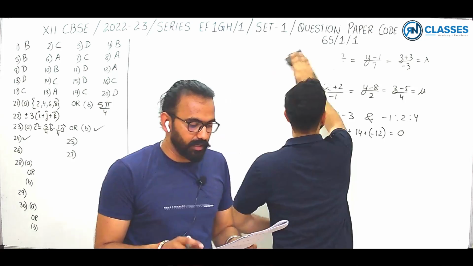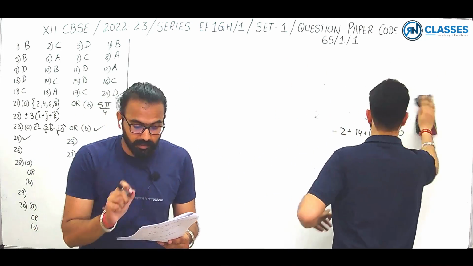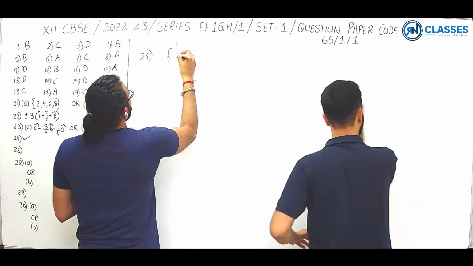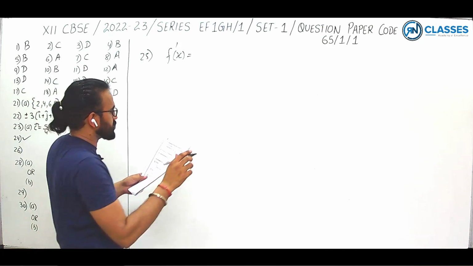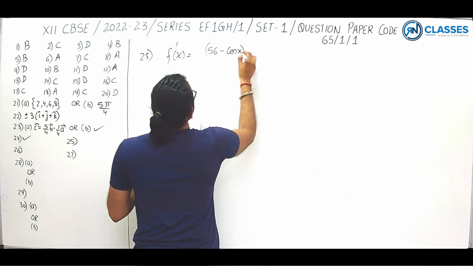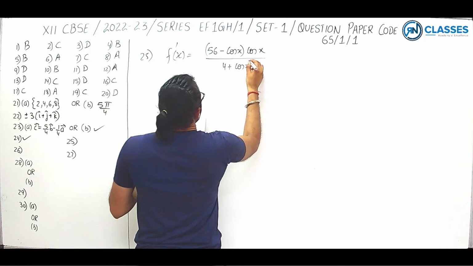Derivative find करने के लिए we will have to apply quotient rule on the right hand side. So finally, finding f dash x, applying quotient rule, and after simplification we will get the answer as 56 minus cos x into cos x whole divided by 4 plus cos x का whole square.